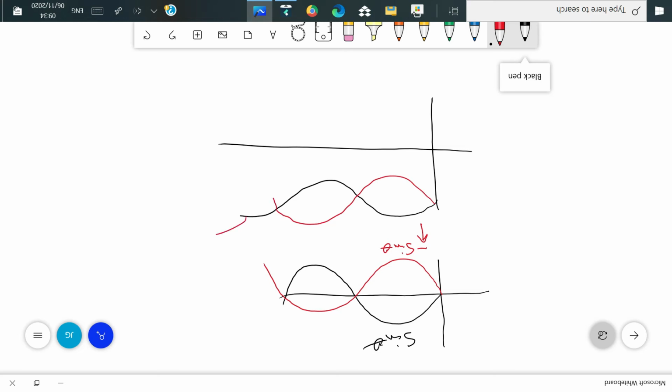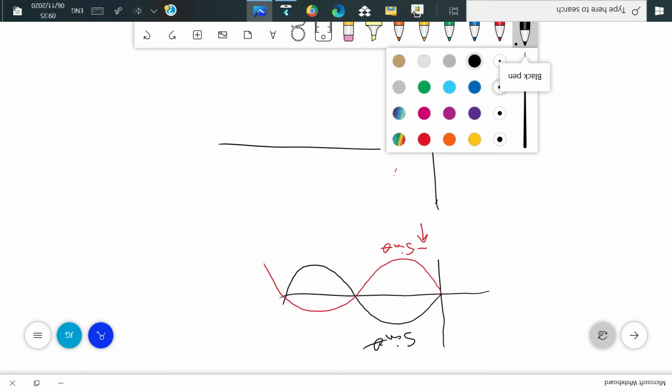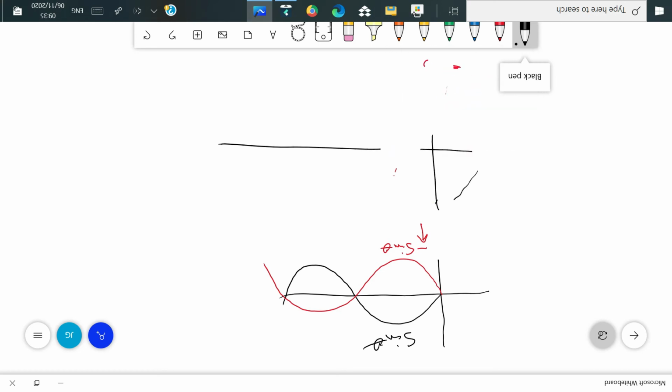So the black one is the cosine of theta, and the red one, minus. Sorry, that last one is wrong. I was drawing the cosine graph again. It's peaking on the graph, so it'll be kind of like that. That will be the cosine curve.